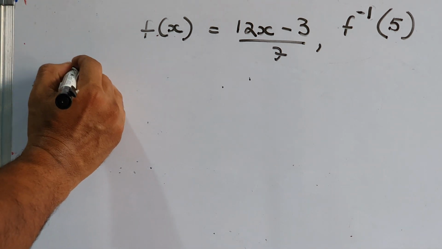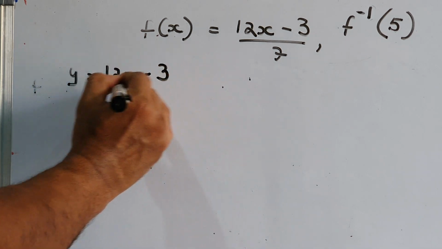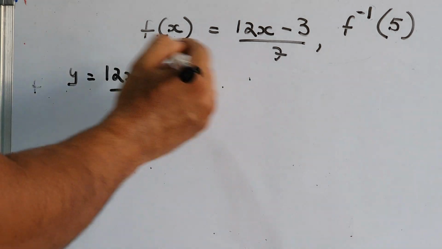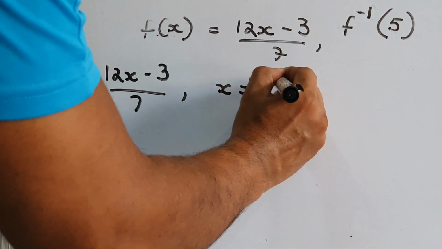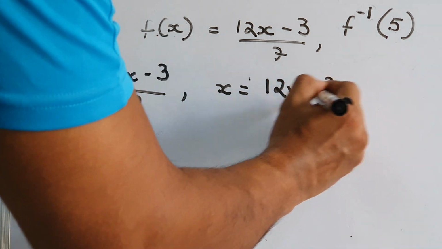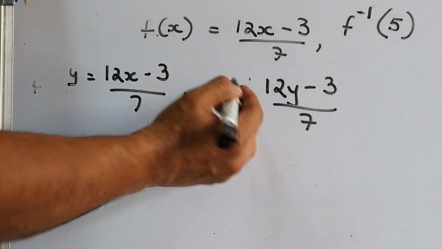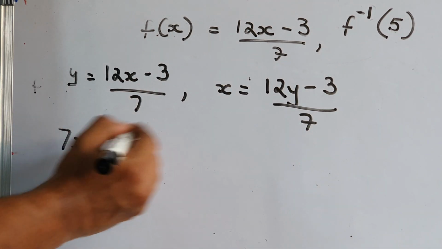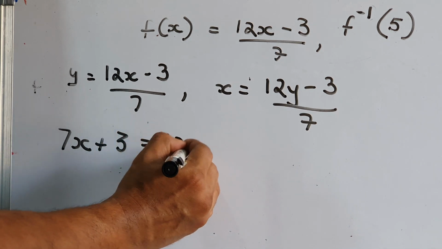So first step, let y be equal to 12x minus 3 upon 7. Second step, swapping x and y, I get x is equal to 12y minus 3 upon 7. Next step, 7 comes this side, so it becomes 7x. Minus 3 comes this side, it becomes plus 3, is equal to 12y.